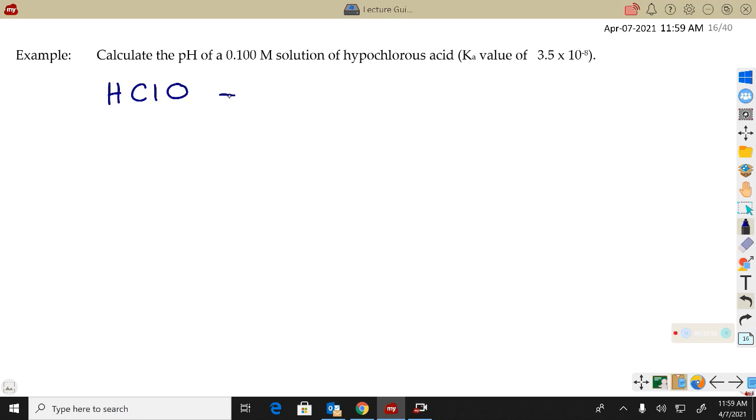The thing reacts with water in solution. It is a hydrogen donor, so we'll be left with the hypochlorite ion and hydronium, H3O+.